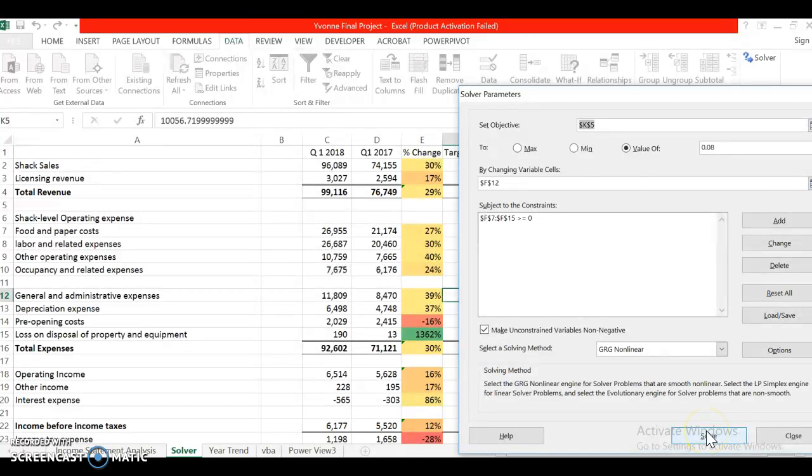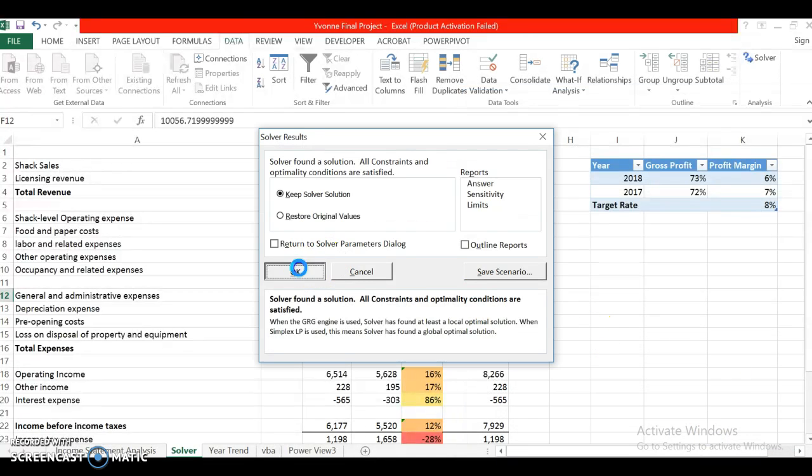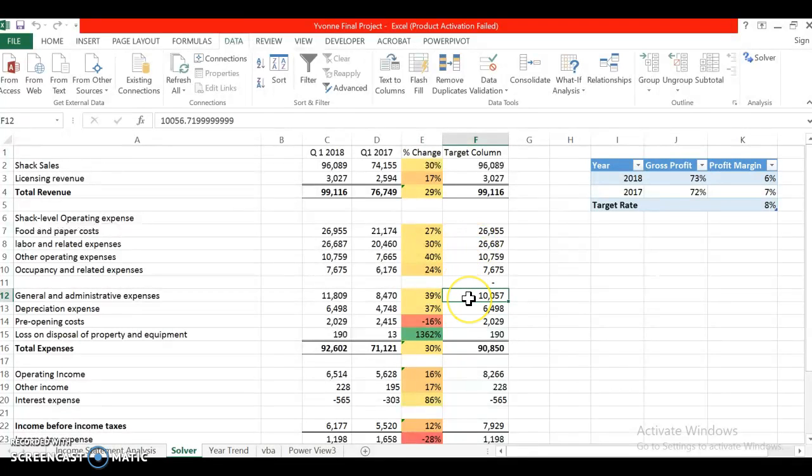Then we click solve, and it gives the target general and administrative expenses. We can see our target general and administrative expenses, in order to achieve our target profit margin, should be somewhere around $10 million, because the financial statement is in thousands.